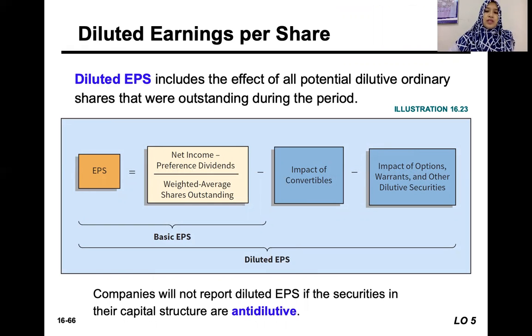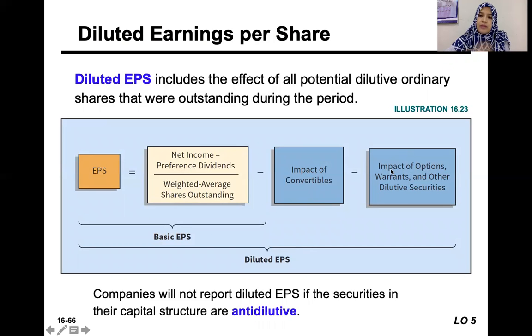We need to consider the impact of convertible securities. Basic EPS only consists of net income minus preference dividends, divided by the weighted average shares outstanding. But for diluted EPS, we need to see the impact of convertible securities.